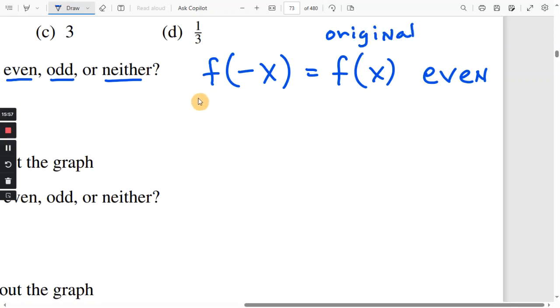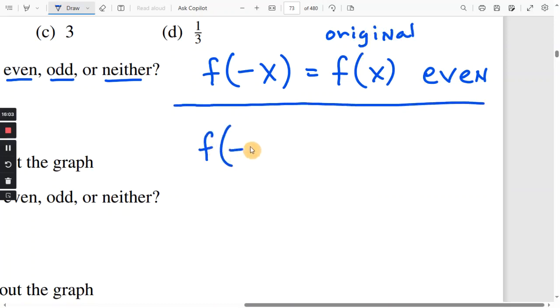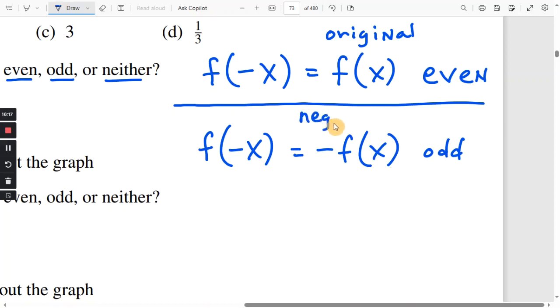Alternatively, if f of negative x equals the negative of the original, it's going to be odd. All right, so it's going to either be even or odd, and if it's not either of those, then it's neither.